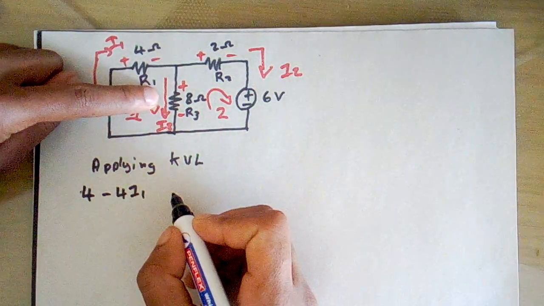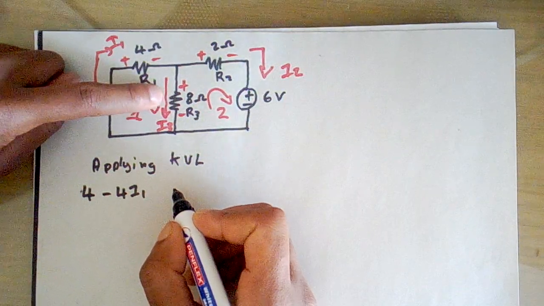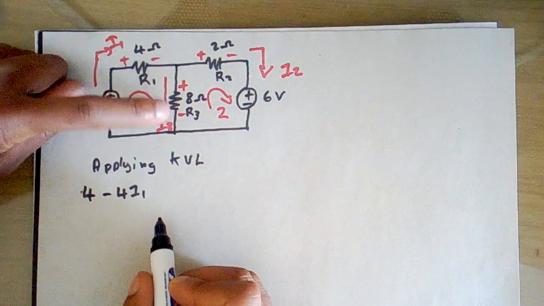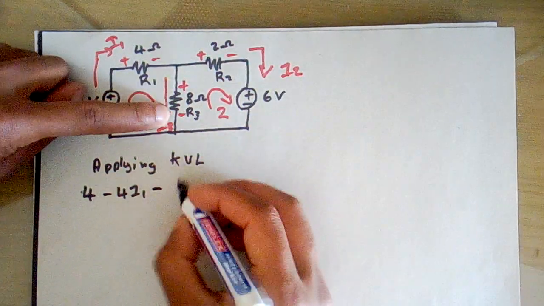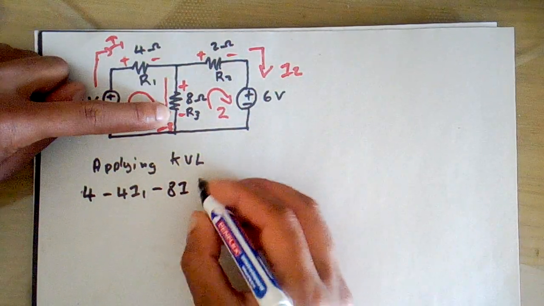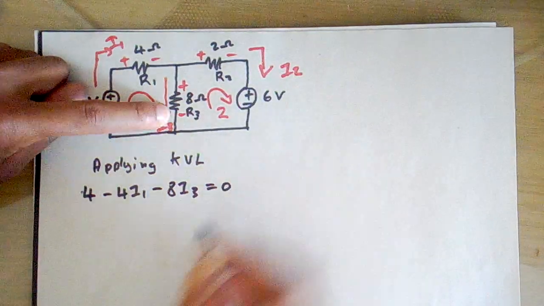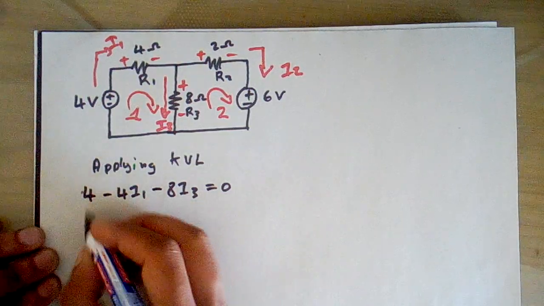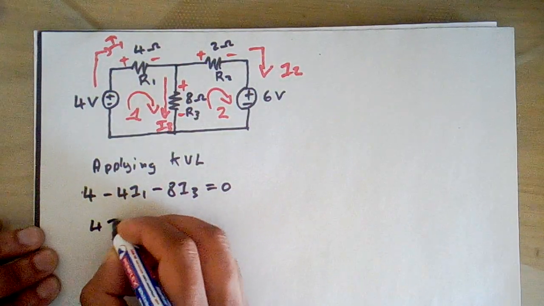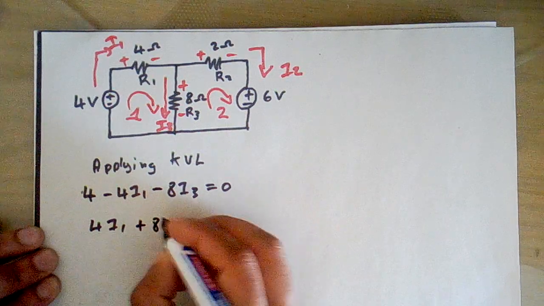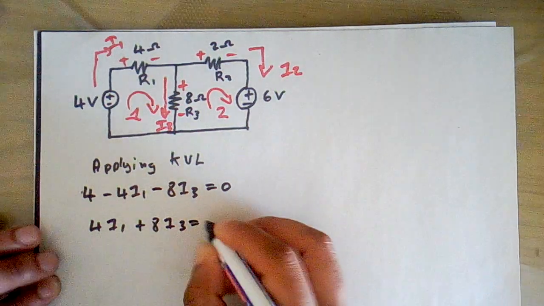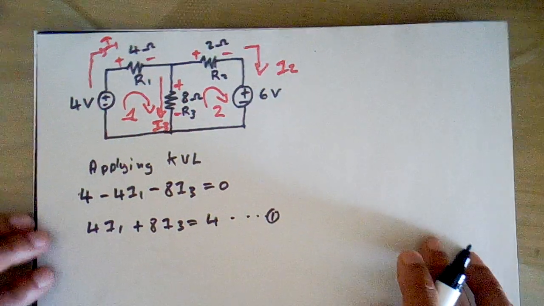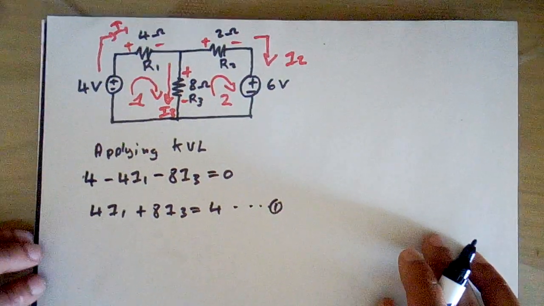And R3's voltage goes from positive to negative, therefore this is I3 equals to 0, and if you take this to the right side you're going to have 4 I1 plus 8 I3 equals to 4. This is our equation 1.